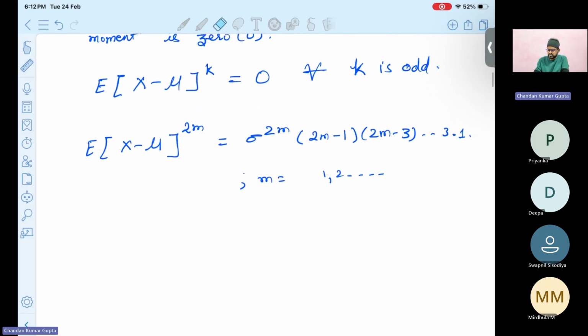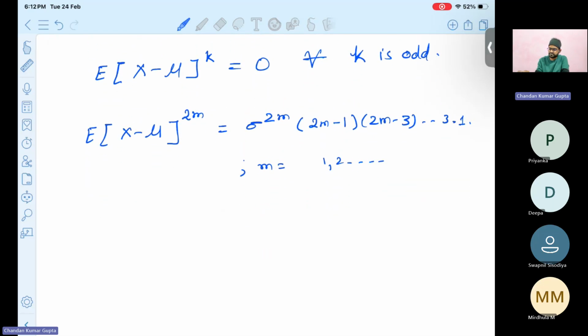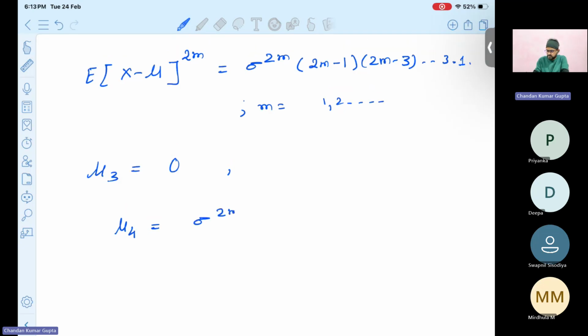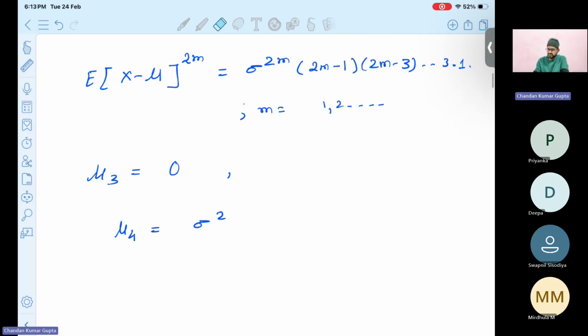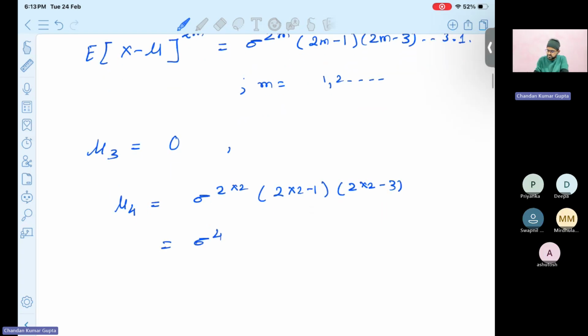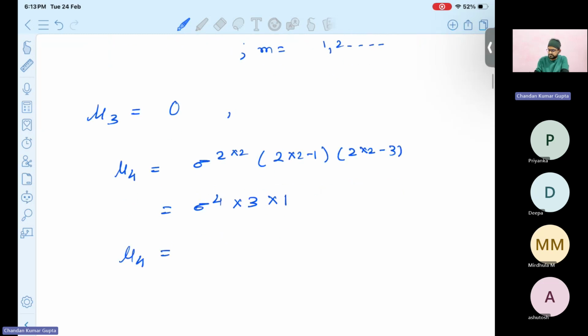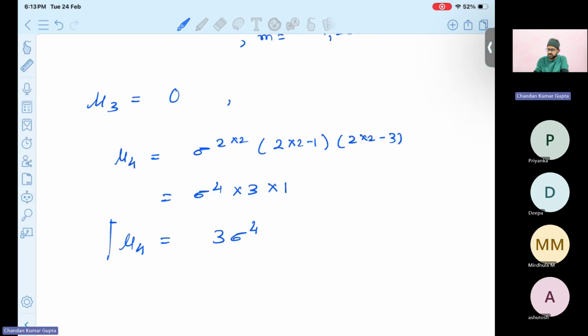Okay, so yes, we can calculate the skewness and kurtosis as well. The third order central moment comes out to be 0, and the fourth order central moment comes out to be sigma to the power 2m with m equal to 2, so it's sigma to the power 4 into 3 into 1, which comes out to be 3 sigma to the power 4.